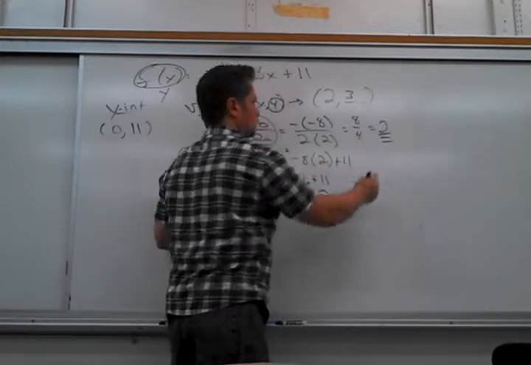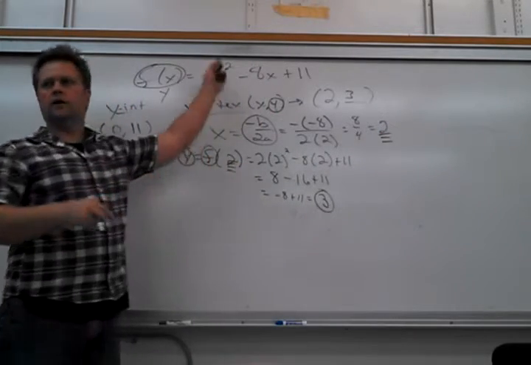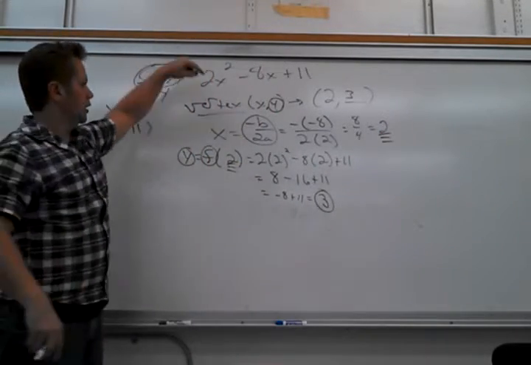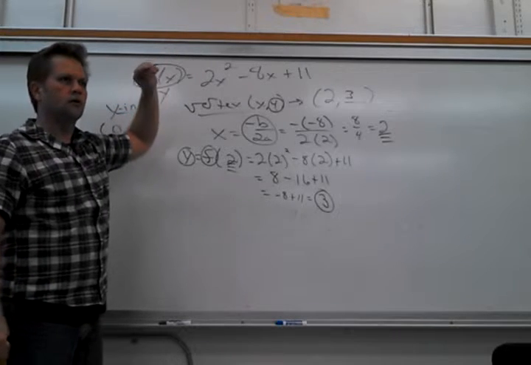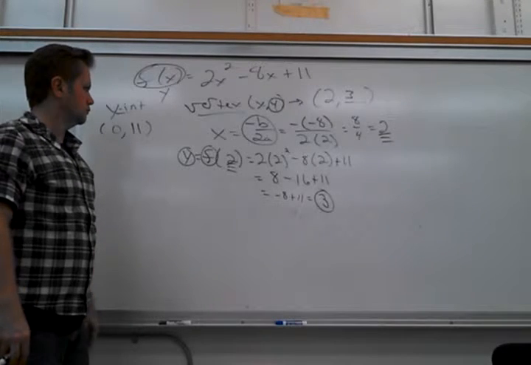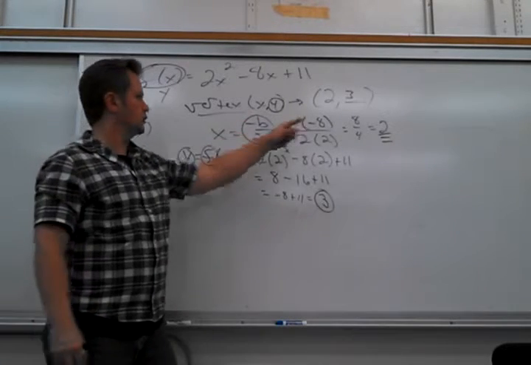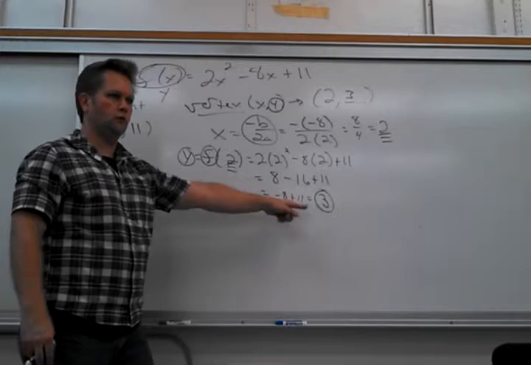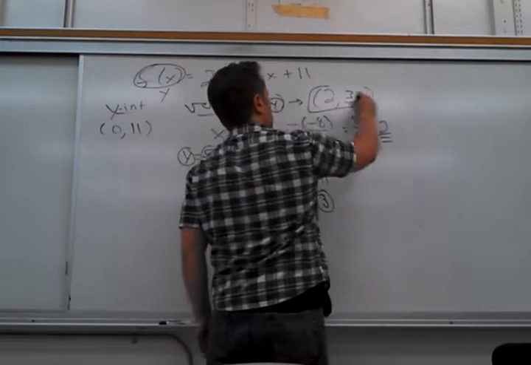You plug it back in to see what y is. And that's your vertex. We're plugging the 2 back in to see what f of 2 is. And so there's my vertex now.